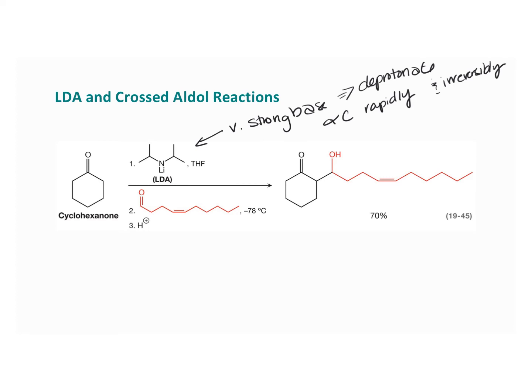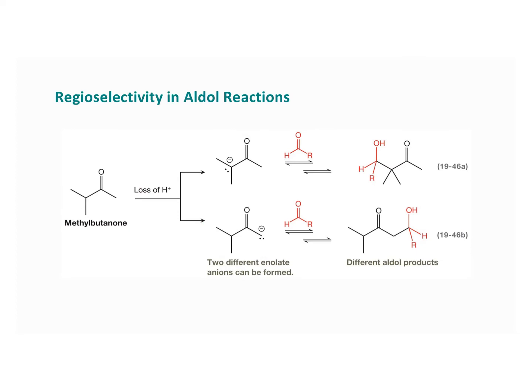Now, in aldol reactions involving ketones, regiochemistry does become a concern when the ketone has two chemically distinct alpha carbons. And so an example here is shown with methylbutanone. There's a CH3 here, and then there would just be a CH here with the two R groups.